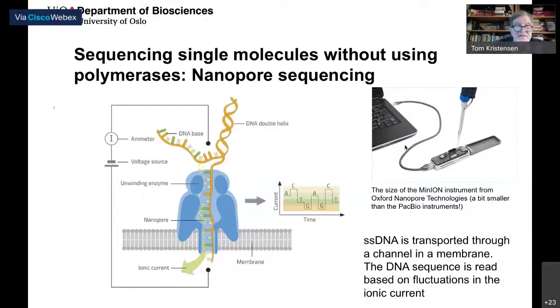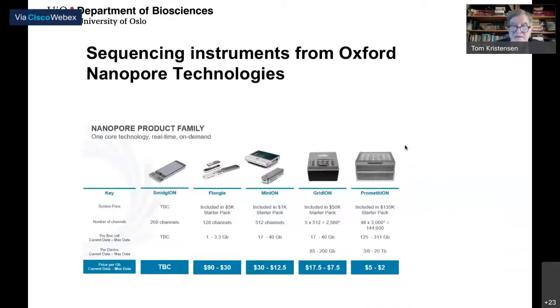And again, this is sequencing of a single molecule. So as long as the DNA is passed through the pore, you will be able to read sequence to the extent that you can read it without loss of signal-to-noise ratio, which is one of the secrets behind this.